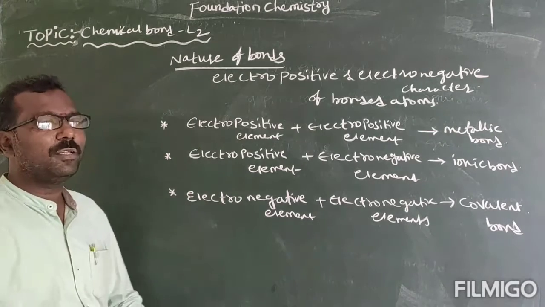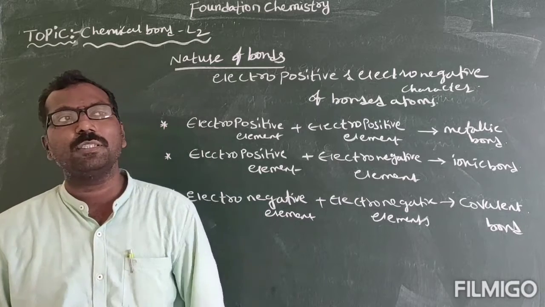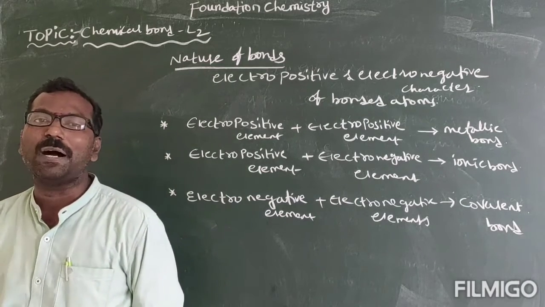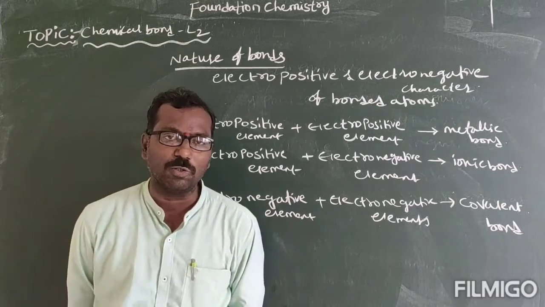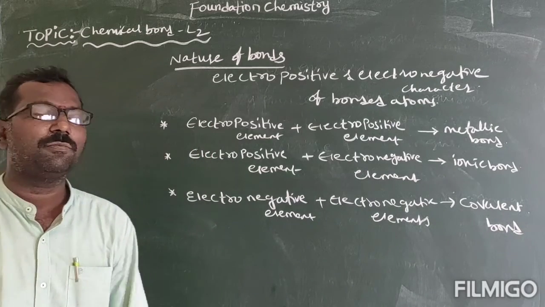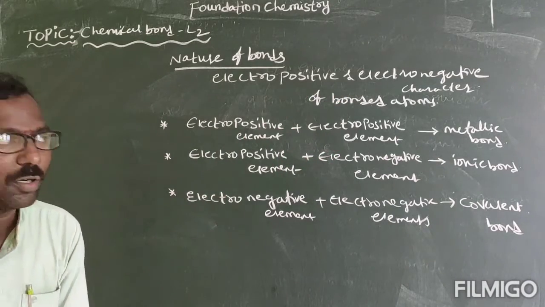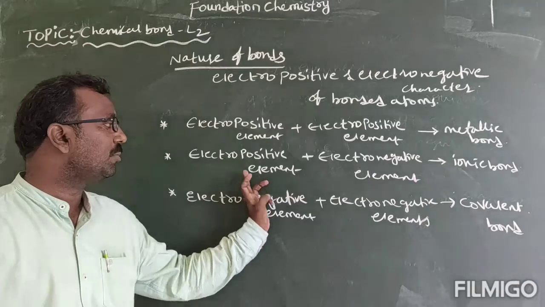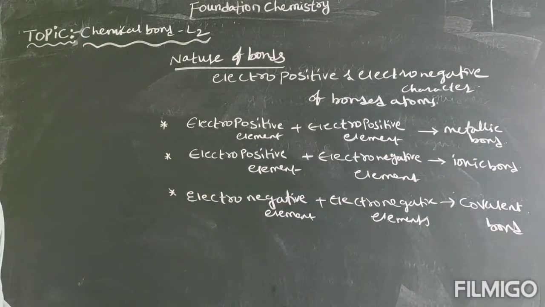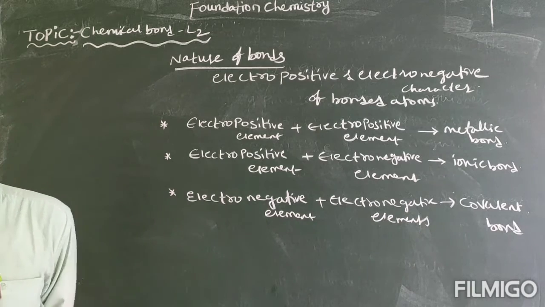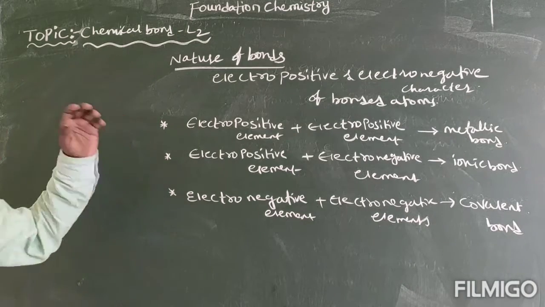In the previous class, we said that atoms combine to form molecules in order to attain stability. If both are electropositive, the bond is metallic; if one is electropositive and one electronegative, it is ionic; and if both are electronegative, it is covalent. Please make a note of this.